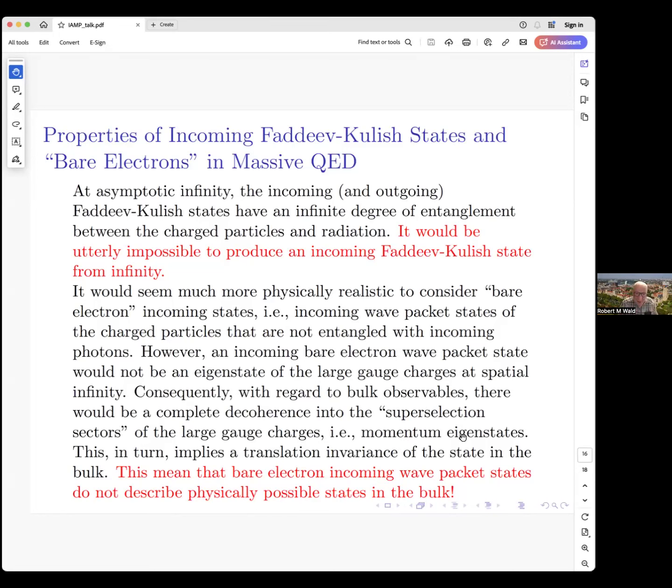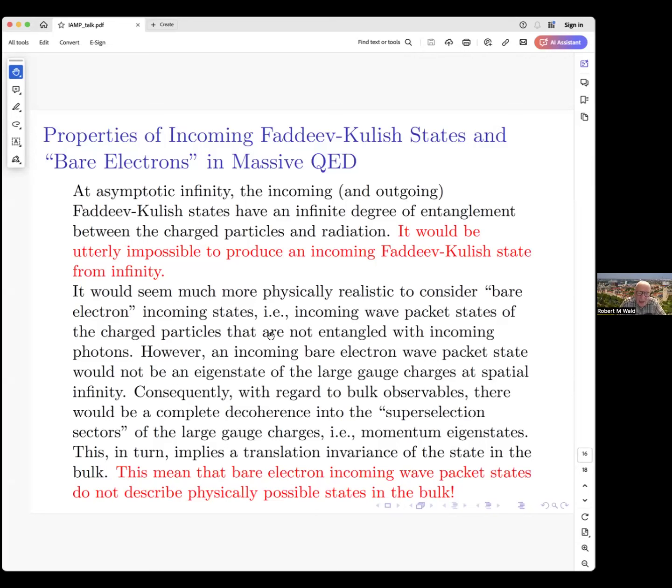There is no state, aside from the vacuum state, but here we're talking about a state with finite but non-zero charge, that's translation invariant.